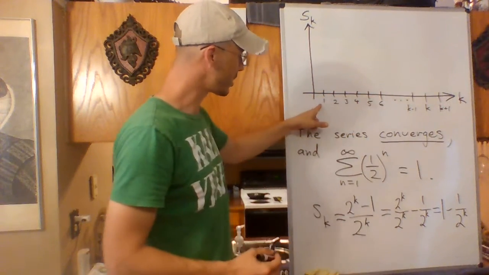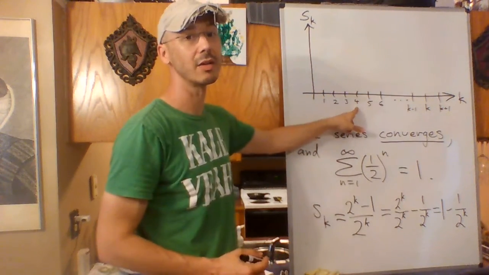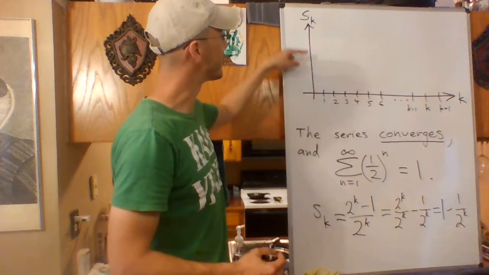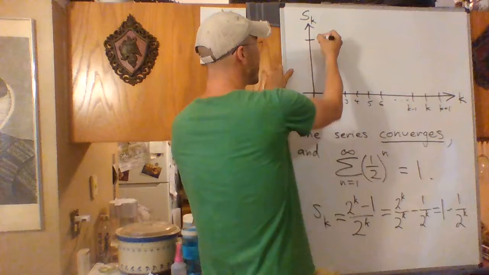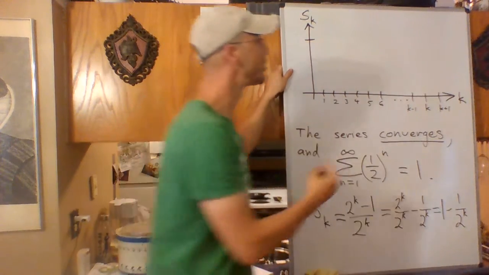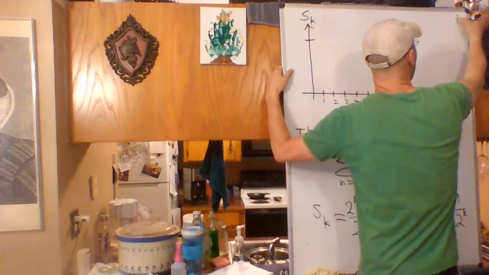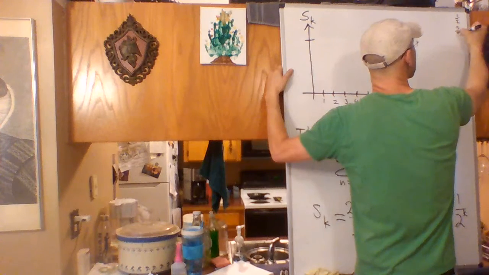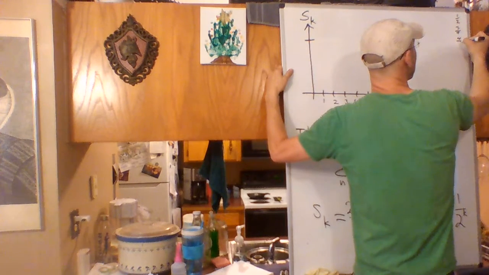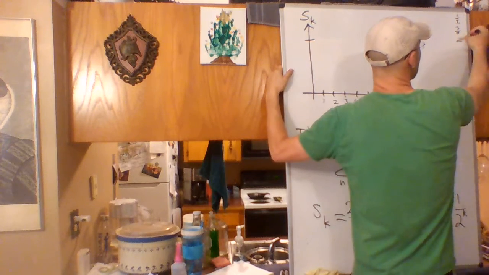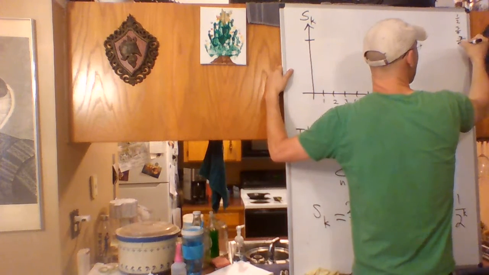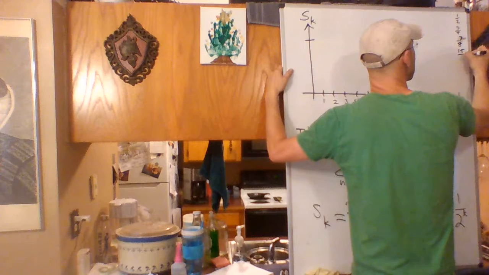And as I take larger and larger values of k, I'm going to get different values for my s_k. Now, I happen to know that these values are all smaller than 1. If you remember, they were 1/2, 3/4, 7/8, 15/16.